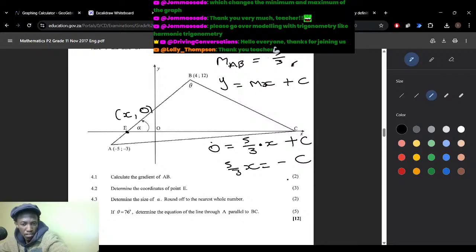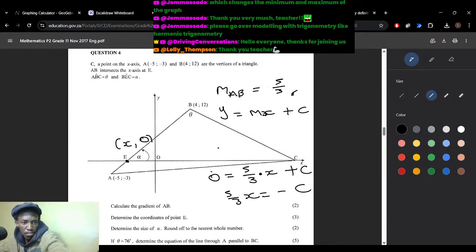Oh, wait. Okay, now we do not have enough information to actually calculate the x coordinate. We have calculated the gradient, right? We know that the value of y at this coordinate is 0. And then how do we find x?